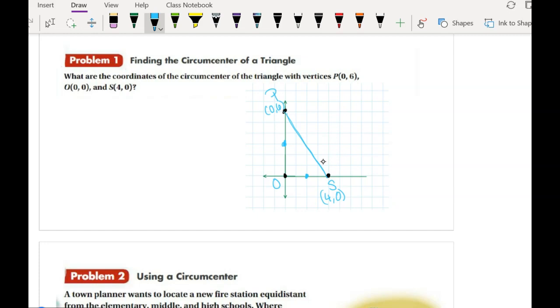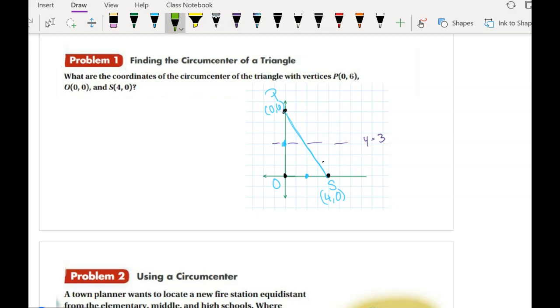Now, do you remember how to write the equation of this line? So for this one, this is my perpendicular bisector. What's the equation of this line? It crosses the y-axis. So it's at y equals 3.